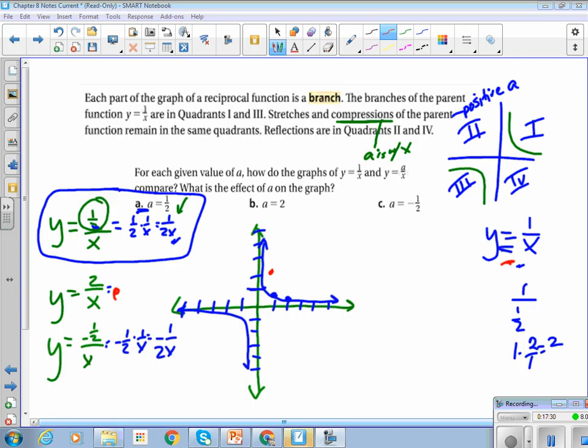I'm going to put in 2 into the function and get 1/2 in my parent, but this guy is going to double that. 2 times 1/2 is 1. Hold on, I put that on the wrong coordinate. I get out 2. Put that one up. Okay.